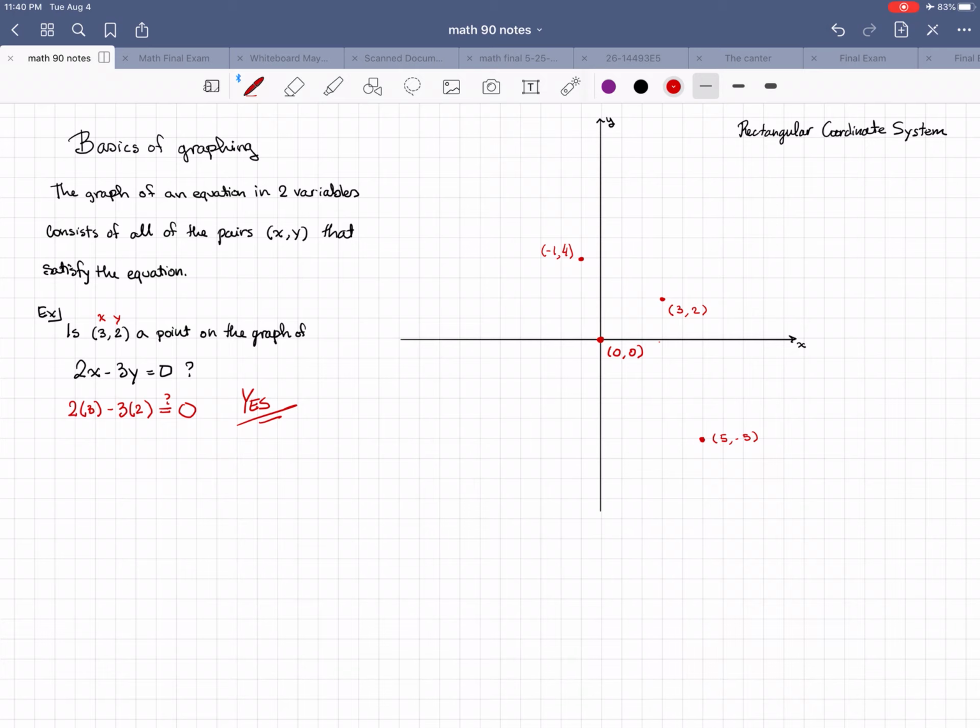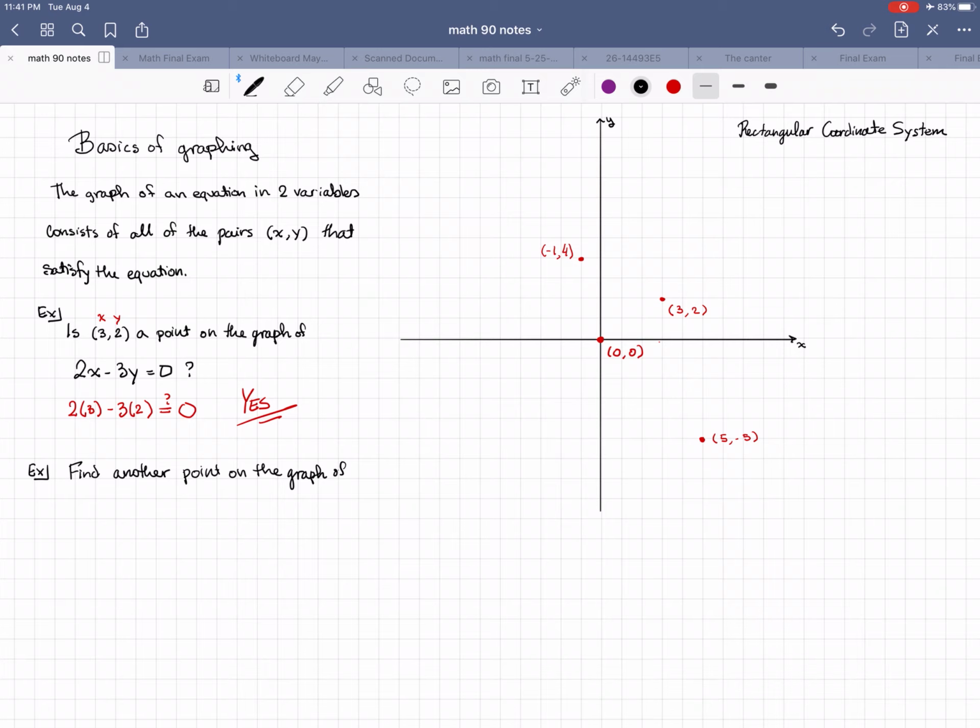Now, maybe we want to find other points on the graph of this equation. So, how would we do that? Well, we can guess and check. Let's turn it into an example. Find another point on the graph of this equation.